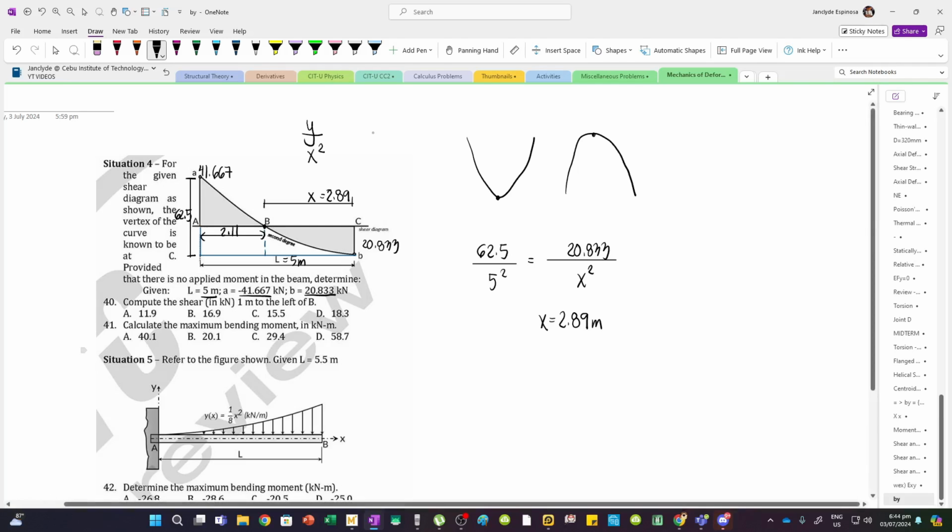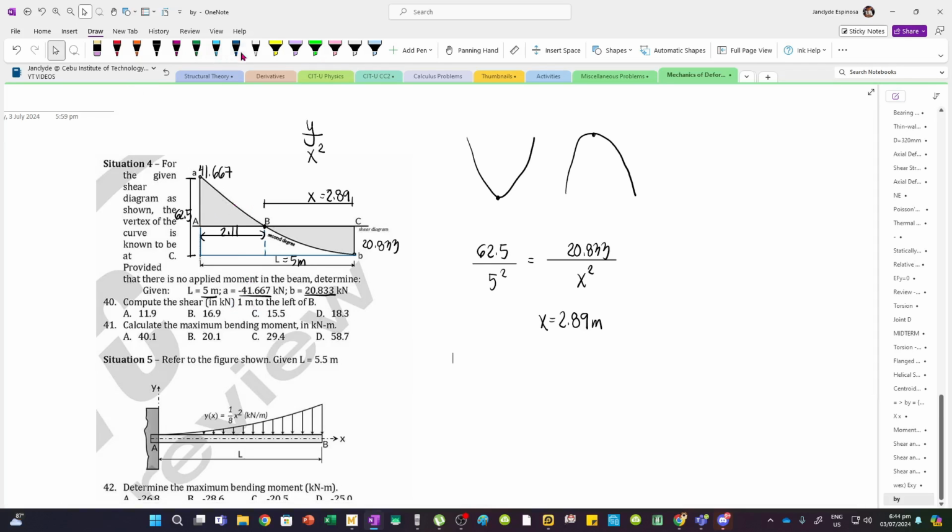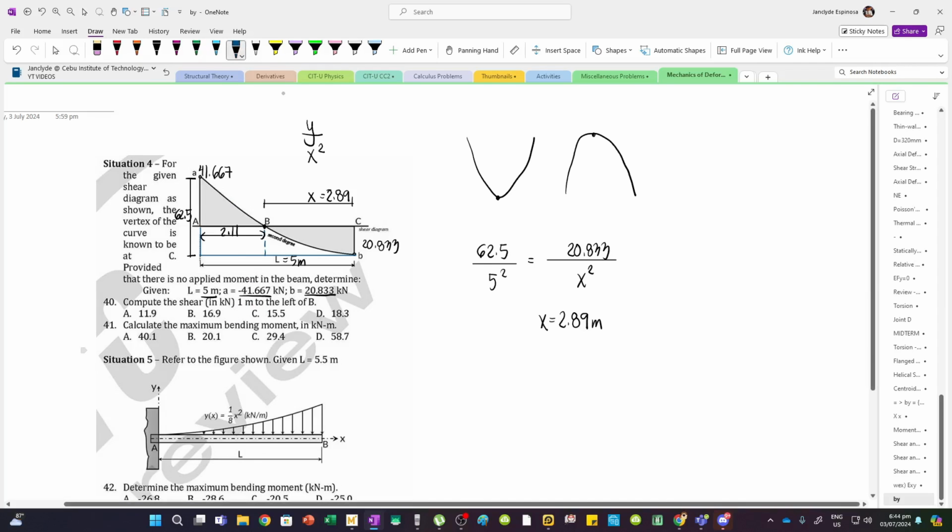Now we have to compute the shear 1 meter to the left of B. What is this value in the figure? 1 meter to the left of B is at this point. So this is 1 meter. This is what we are going to solve. Let's say this is y.